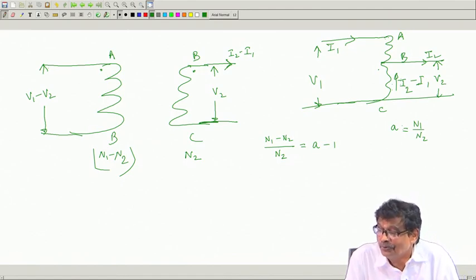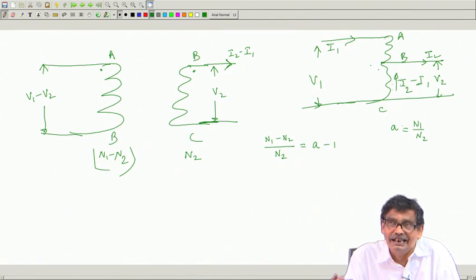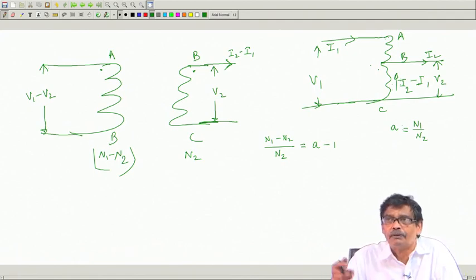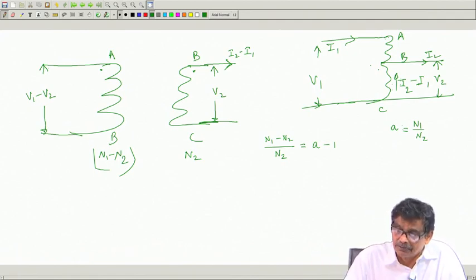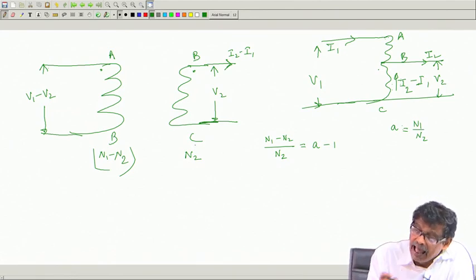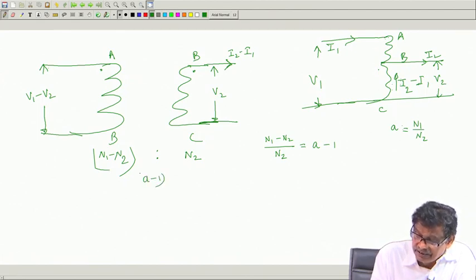Because as I told you, these coils are really unaware of the fact whether it is connected like an auto transformer or like a 2 winding transformer. So, this is the thing, and if that be the case, then I will say that this is a transformer of ratio A minus 1 is to 1.